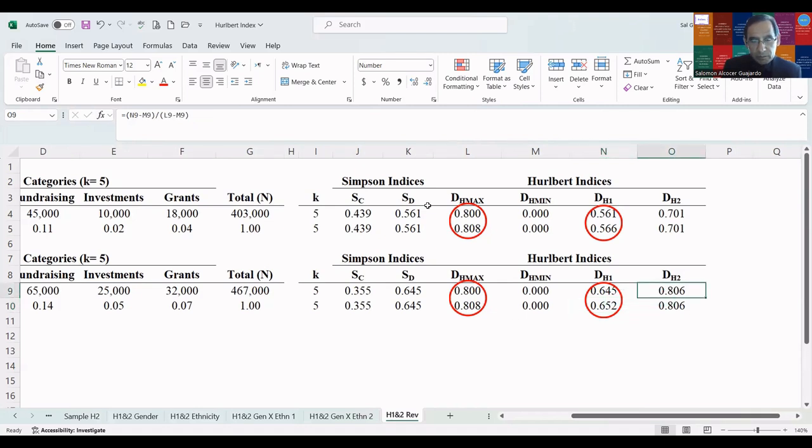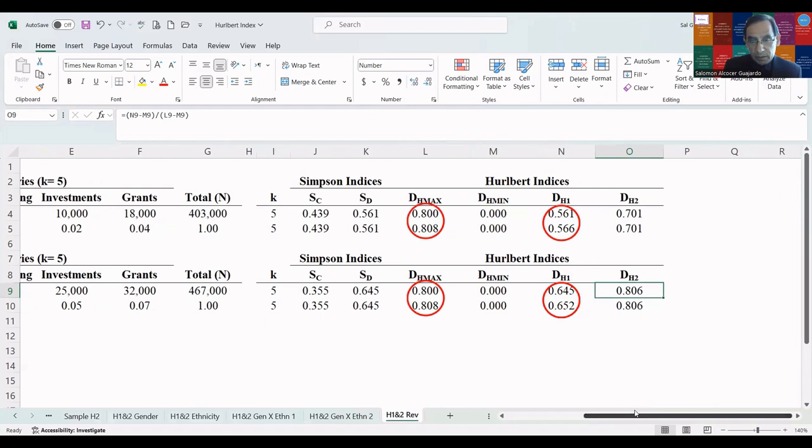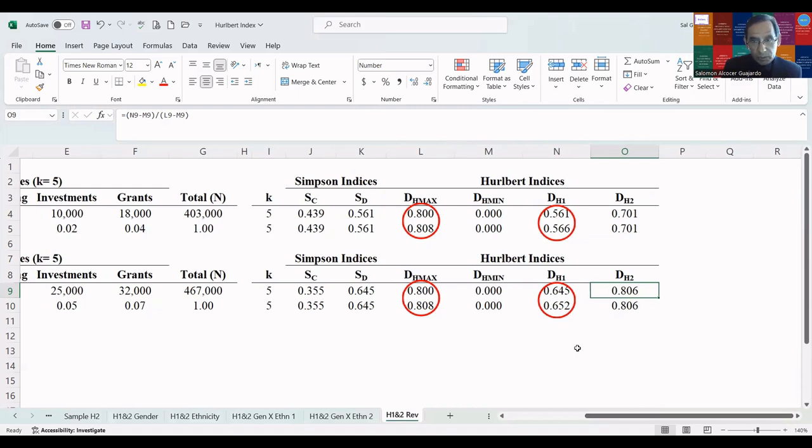I have the same maximum score, minimum score for the revenue scenario. So when I apply the maximum score, the minimum scores to the diversity score and to the maximum score, I get a Hurlbert relative diversity score of 0.806, indicating that the organization obtained 81% of the relative maximum value.